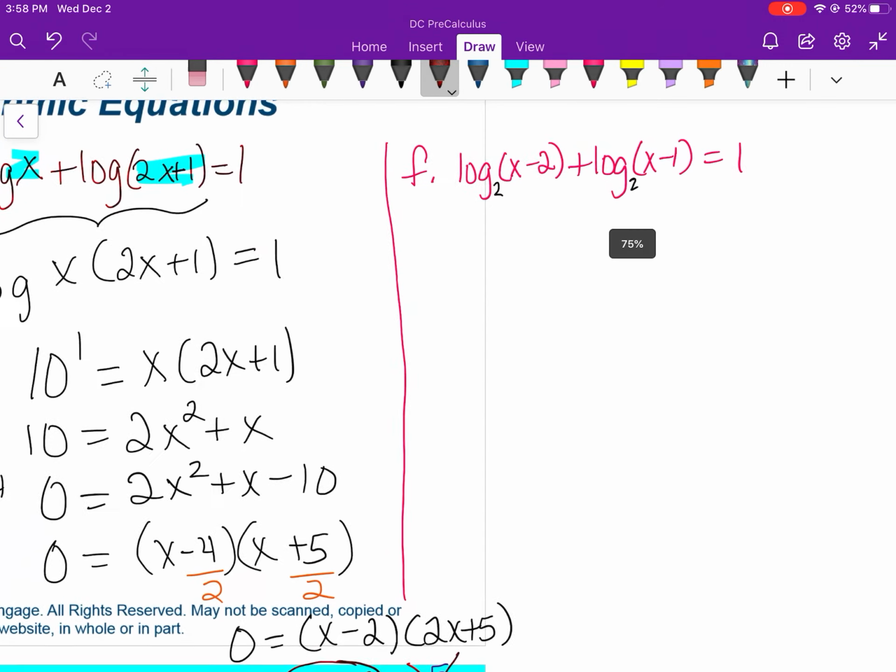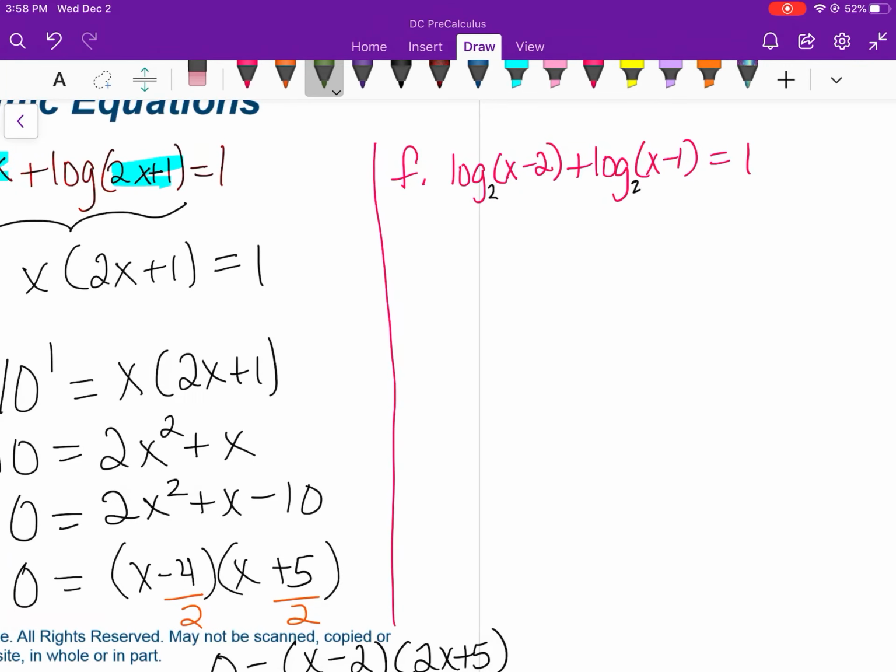On F, same idea. 2 logs on one side, we're going to condense first. And then I don't have a log on the other side, so I have to switch it to an exponential.